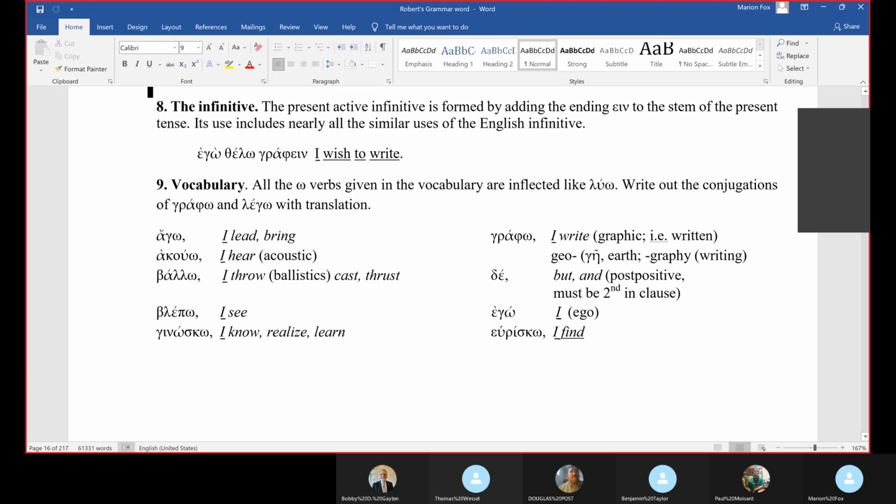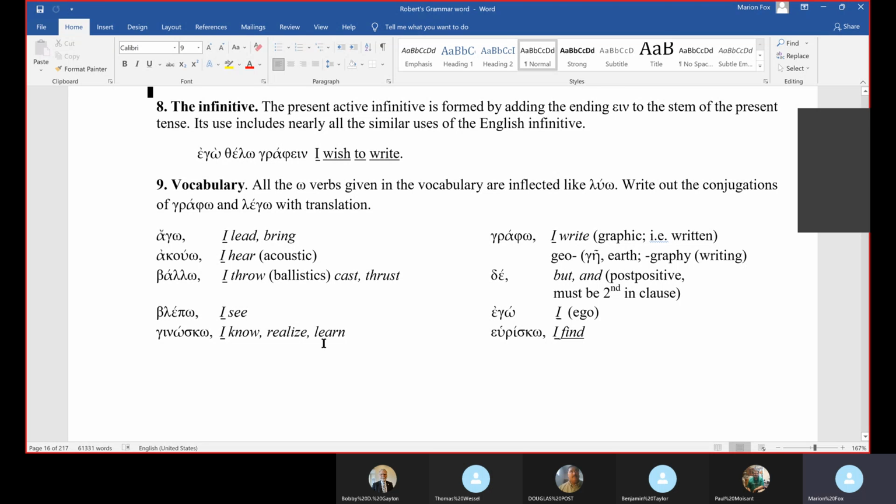Gnosko. I know, I realize, I learned, but this is elementary knowledge, not full, deep knowledge. They would add a preposition, epi, the word upon, to it and make it fuller and more thorough knowledge.